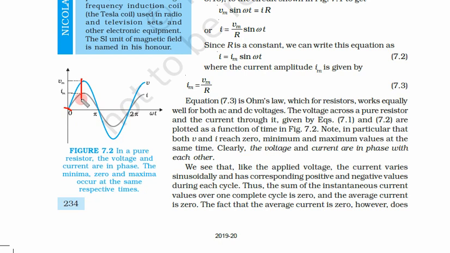This is the maximum value of voltage, this is the maximum value of current, but they coincide at the same place. So we say these waves are in phase, because there is no phase difference.